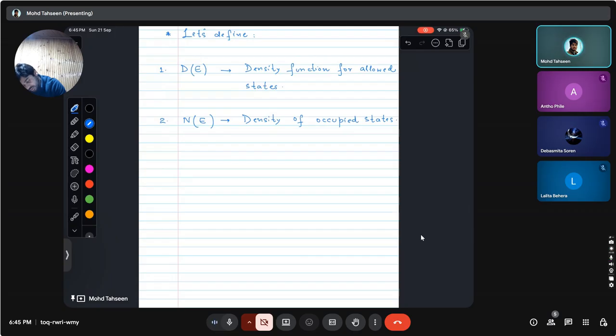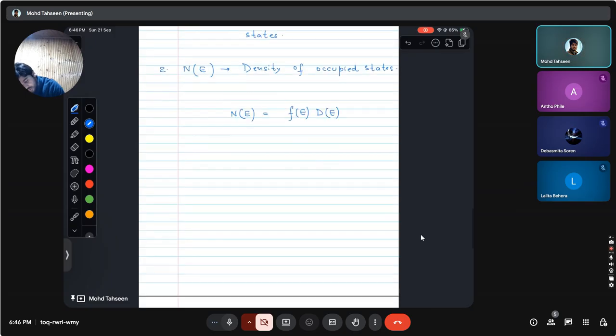So these are two definitions, and it's easy to write that N of E, the density of occupied states, is equal to F of E times D of E. What is F of E here?